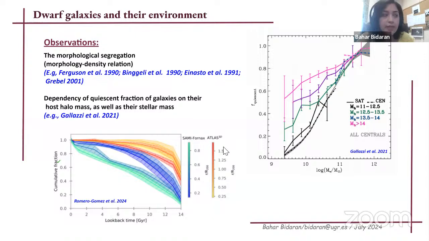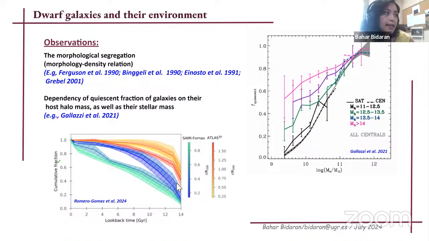These are dwarf galaxies from the STOMI Fornax survey. In this plot, you are looking at the cumulative mass fraction as a function of look-back time. It tells you, at different epochs of the universe, let's say 14 gigayears, which is the assumed Big Bang time, or 10 gigayears, what fraction of present-day stellar mass has been formed inside the galaxy.